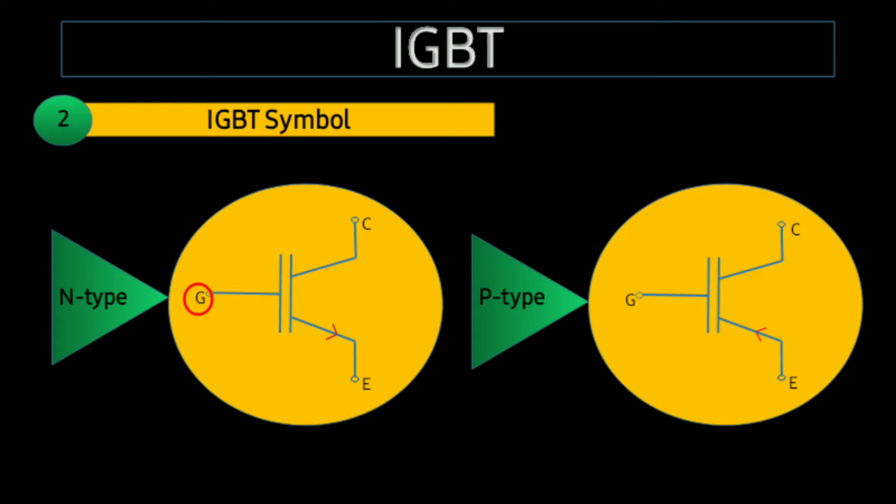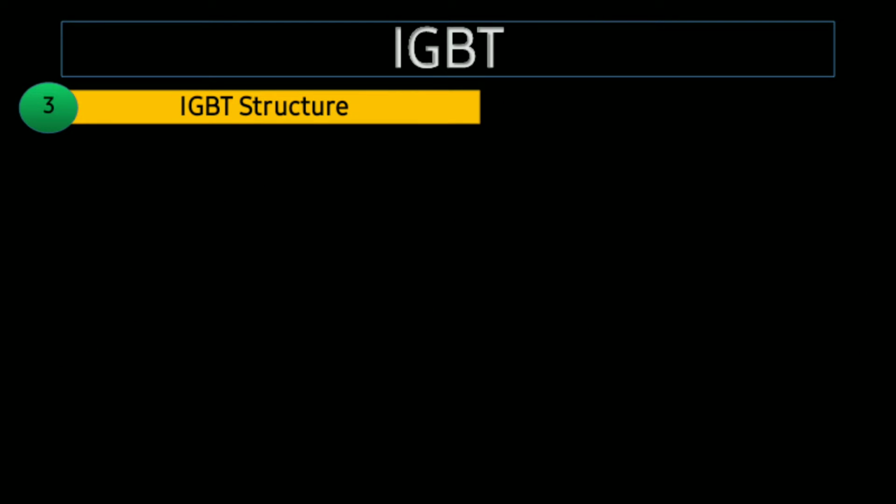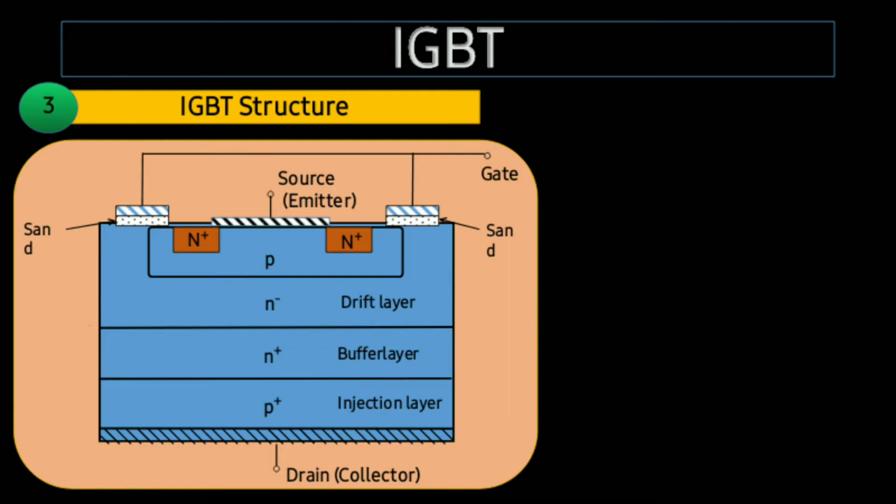The input side represents the MOSFET with the gate terminal, and the output side represents the BJT with the collector and the emitter. Collector and emitter are the conduction terminals and the gate is the control terminal with which the switching operation is controlled.